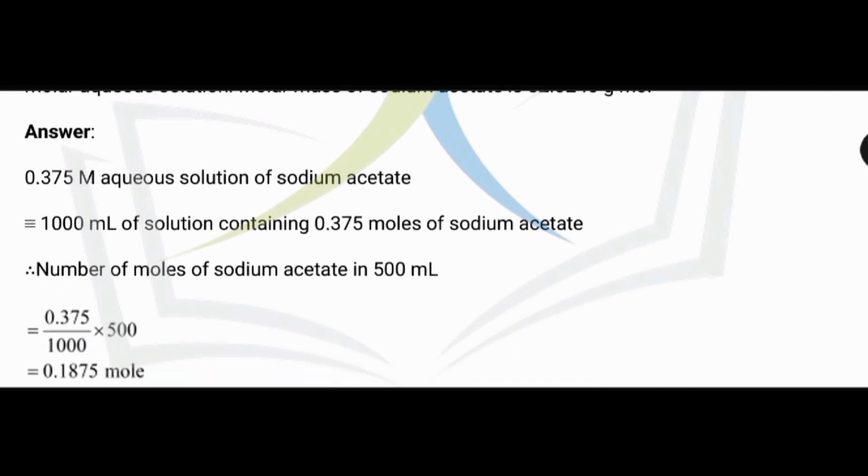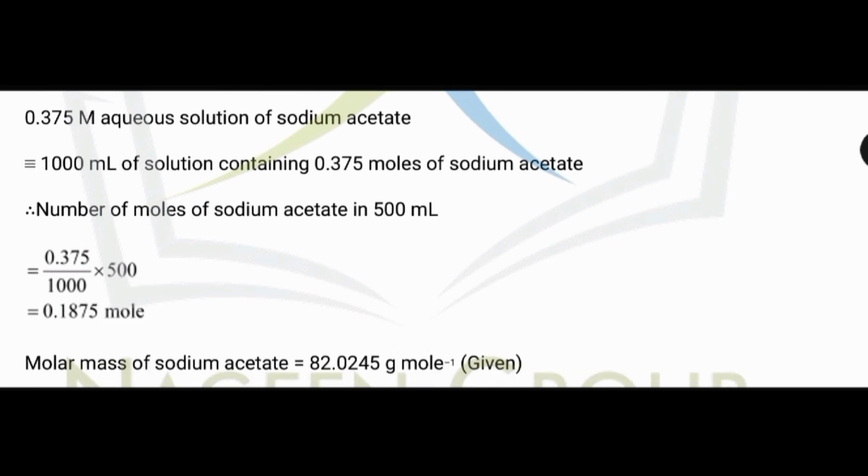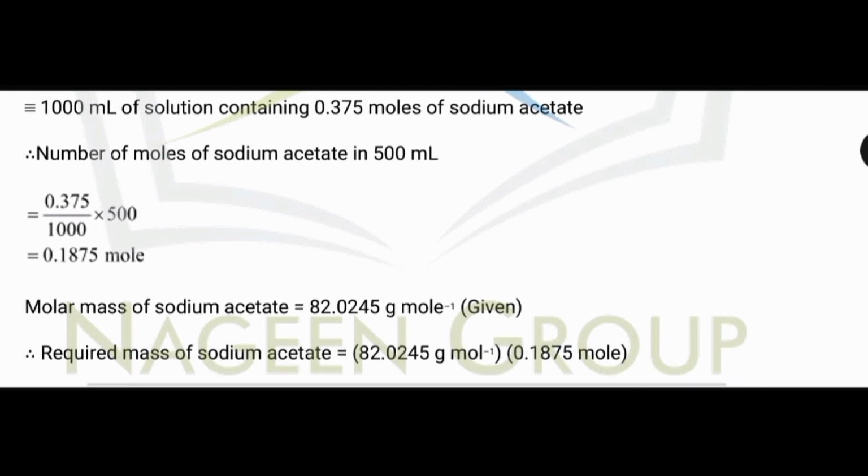So you can make an equation: 1000 ml solution has 0.375 moles, then for 500 ml, by dividing by 1000 and multiplying by 500, your moles are 0.1875 moles. Now you have to know what amount of sodium acetate you use.